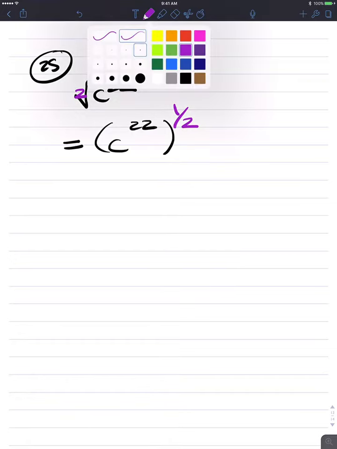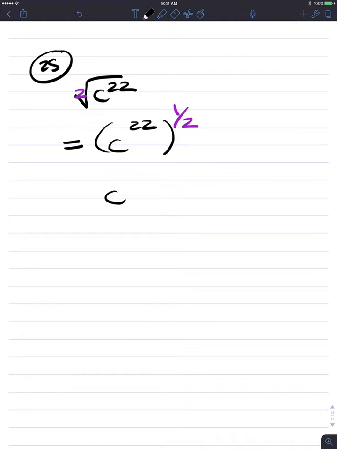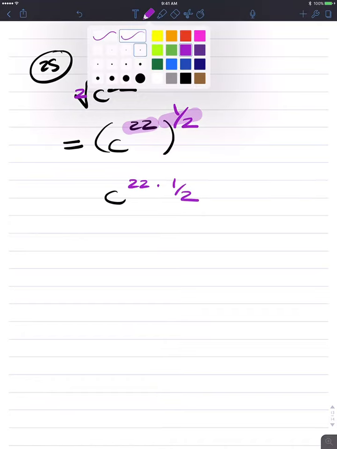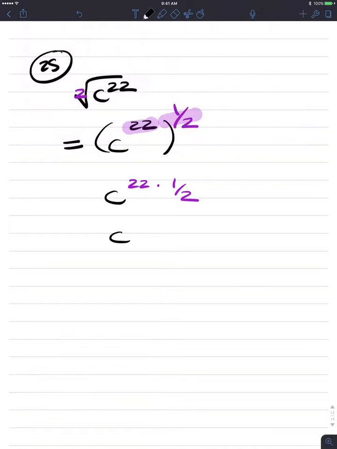And then any base, c raised to a power to another power, requires us to simply multiply the powers. So this is 22 times 1/2. Because when I multiply a whole number with a fraction, and the fraction has a numerator of 1, 22 times 1 is 22. So this becomes 22 divided by 2, or 11.